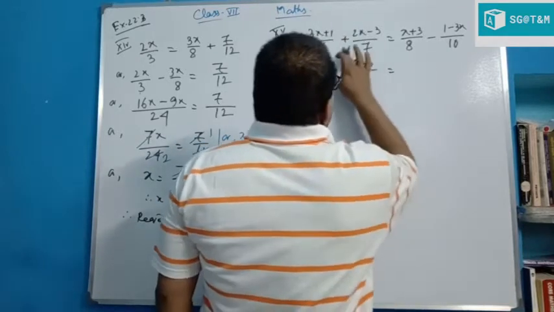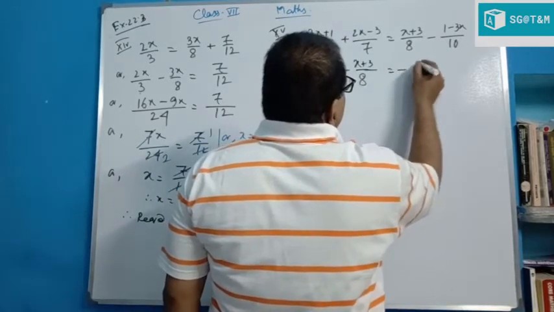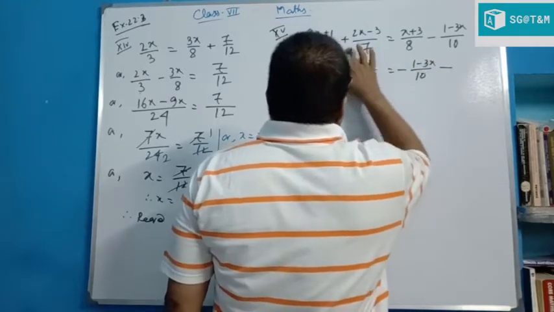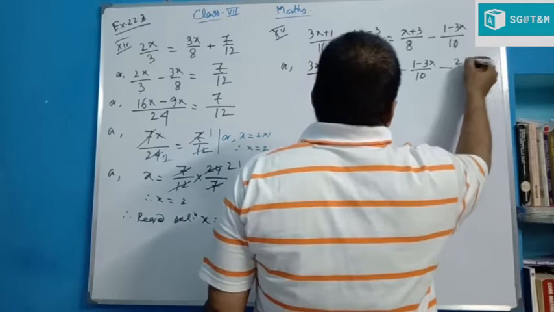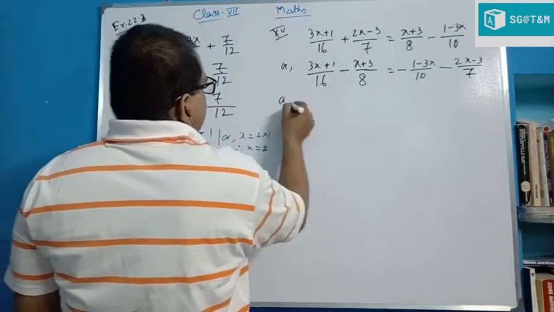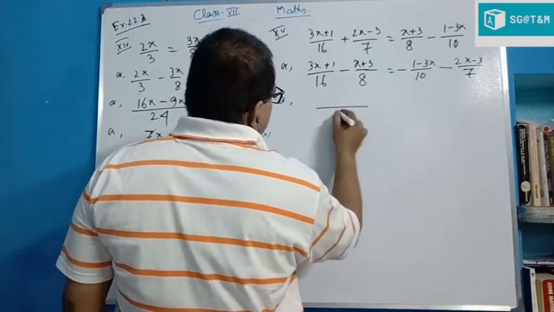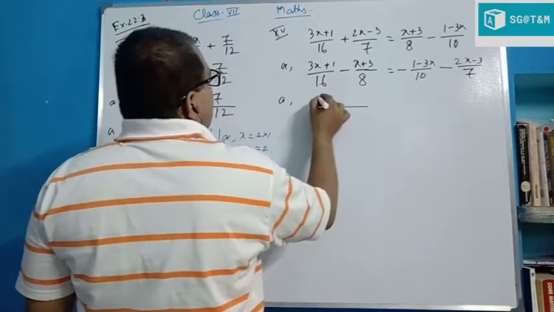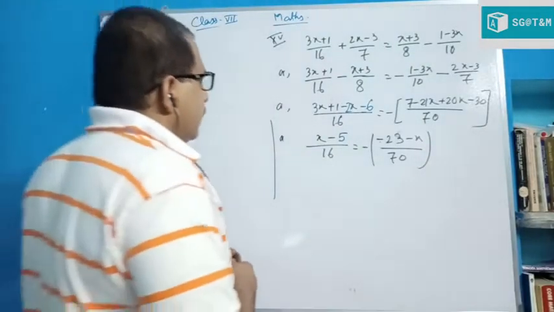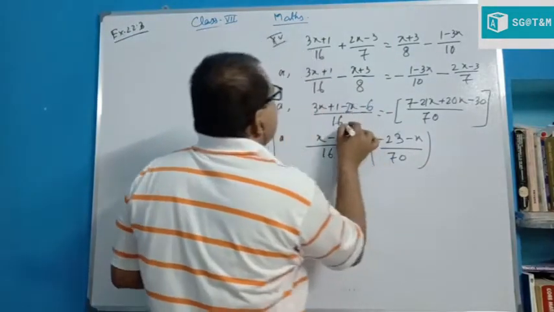And it is minus 1 minus 3x by 10. If we take 2x minus 3 by 7 to the right hand side, it is also minus. Now find the LCM of 8 and 16. 16 is the LCM.